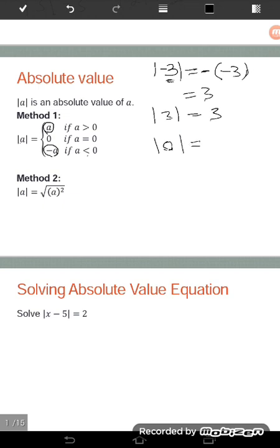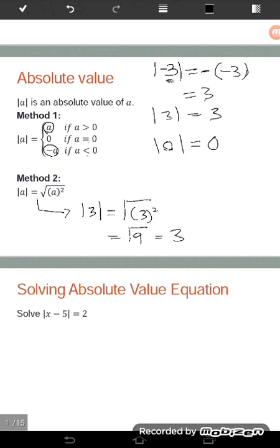Now A is 0, A equal to 0, so the answer is just 0. Or you can use method number 2, which is modulus A equal to square root A square. So modulus 3 is equal to square root of 3 square, which is equal to square root 9, which is equal to 3.